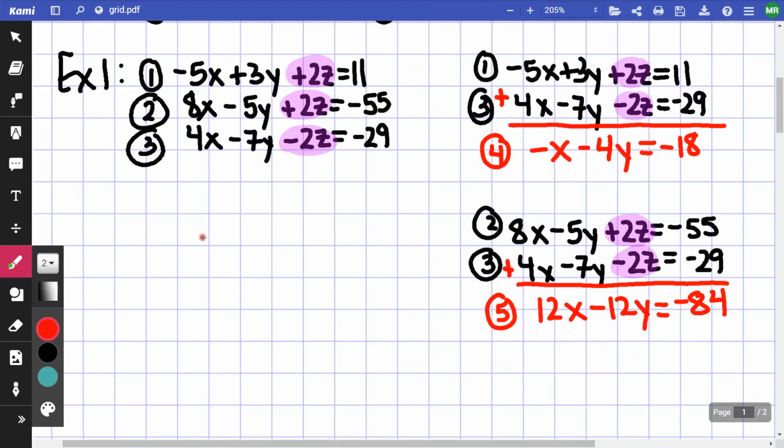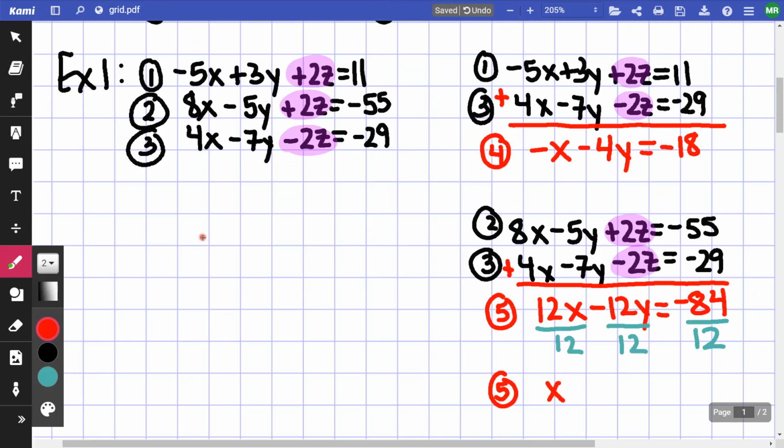So now I'm going to take these two equations and use them to try to eliminate. Something I notice is that I can divide everything in equation 5 by 12. I think I can clean this up and divide by 12, divide by 12, divide by 12. And I'm going to get a cleaner equation 5.